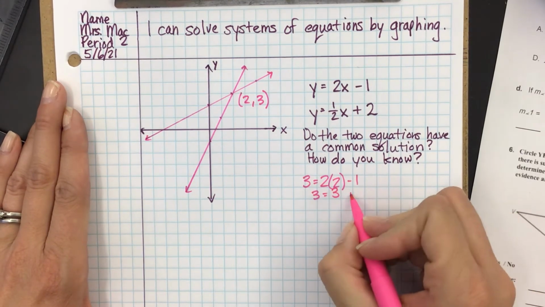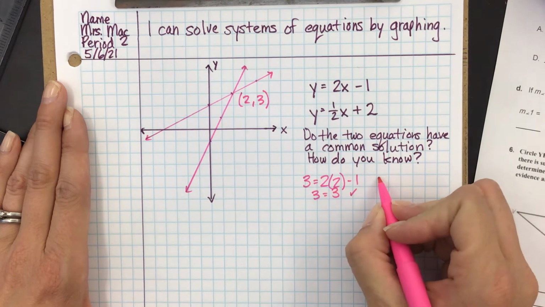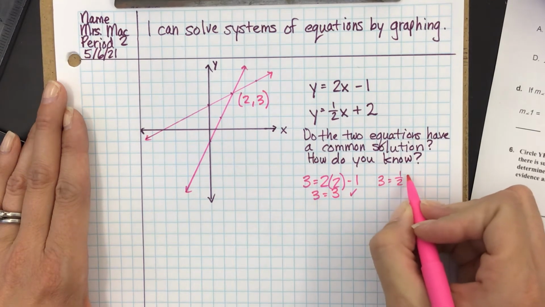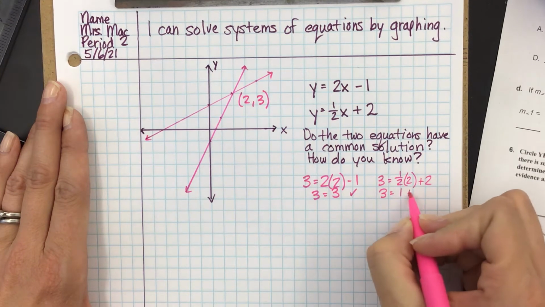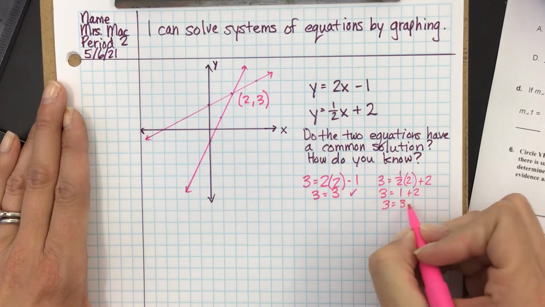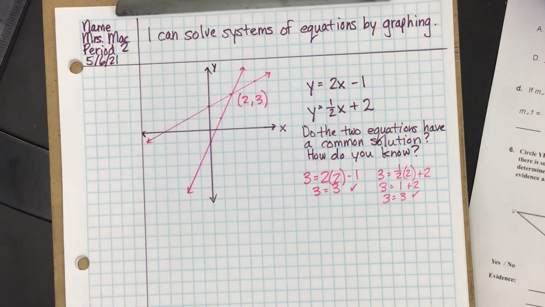And that's true, so we're good. Yep, we're good, okay? The checking portion of this is extremely important just because it's very easy to make graphing errors, okay? So I always check my answers and you guys need to as well.